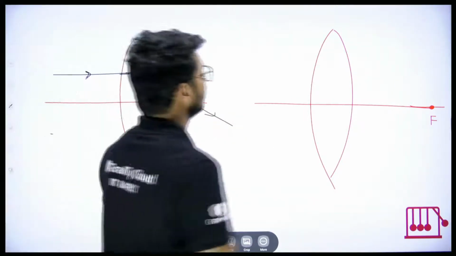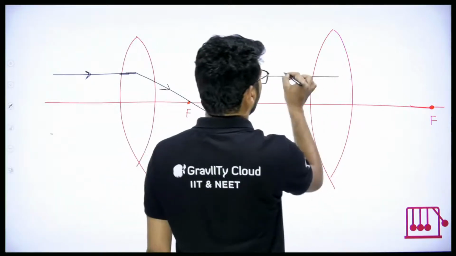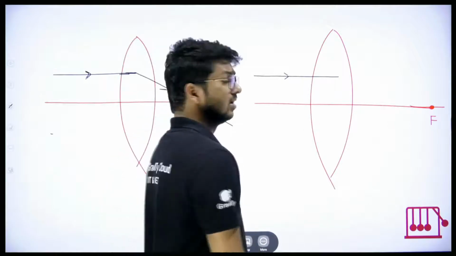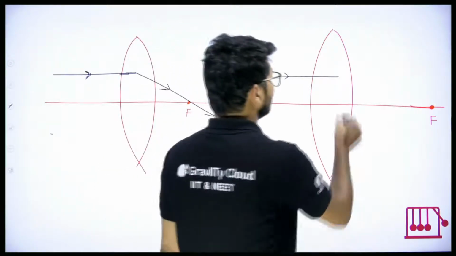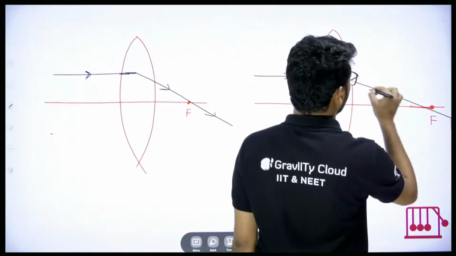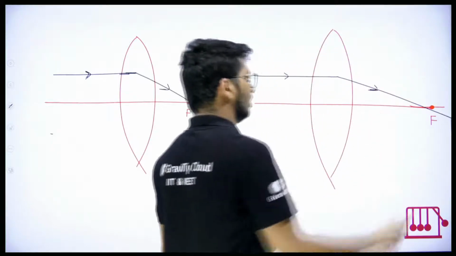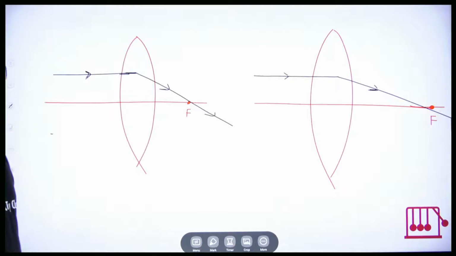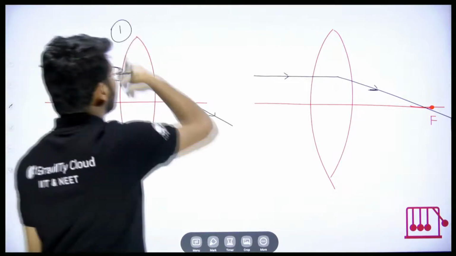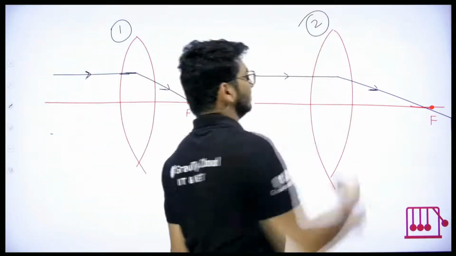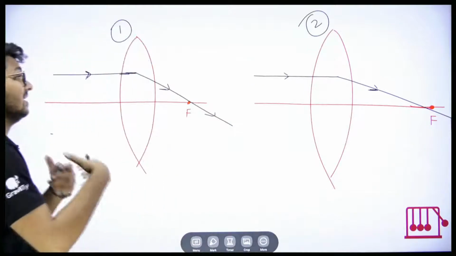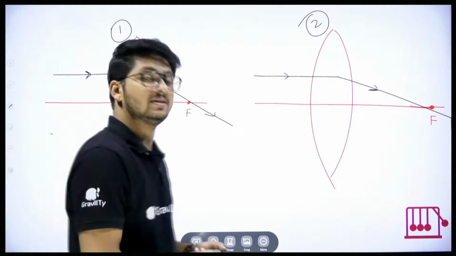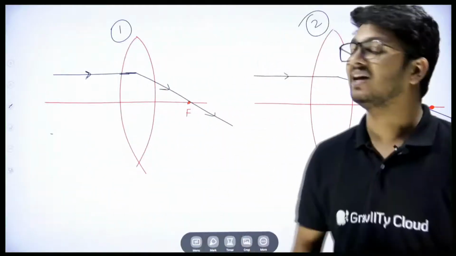Simple enough. The same thing, I'll again take a ray parallel to the principal axis in this case also. And what happens in this case? The same thing happens. It passes through a point on the principal axis called the focus. The question is, which lens, the first lens or the second lens, is bending the ray more?